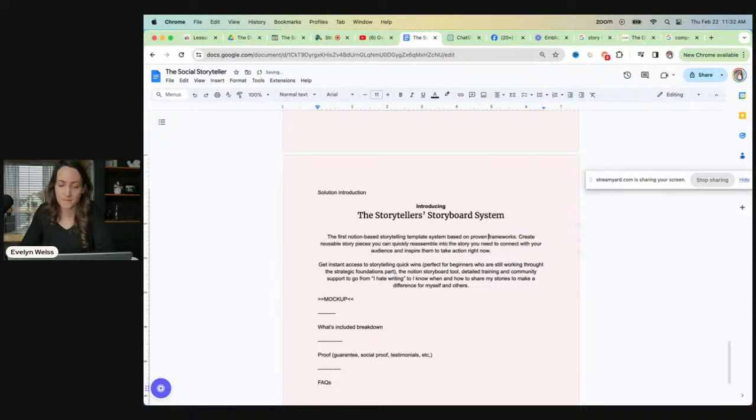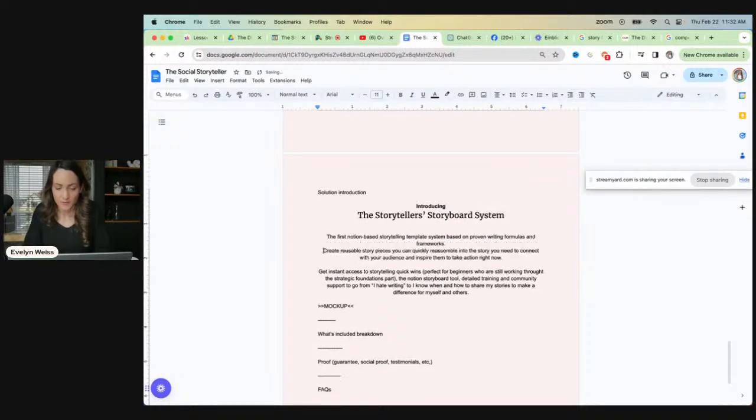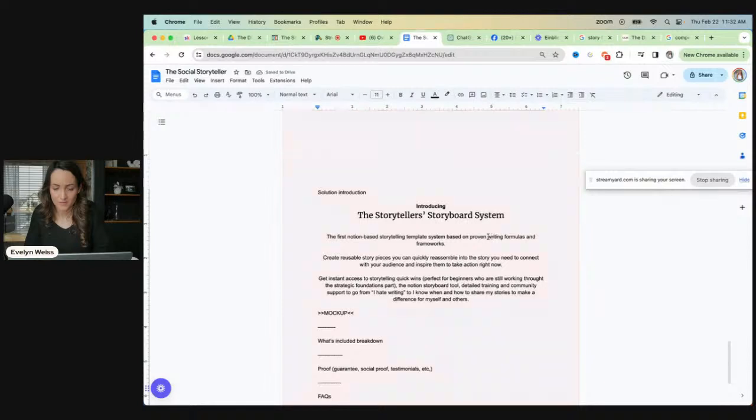On proven writing formulas and frameworks. Create proven, I think copywriting, writing formulas and story frameworks. Create reusable story pieces you can quickly reassemble into the story you need right now to connect with your audience and inspire them to take action in any given moment.